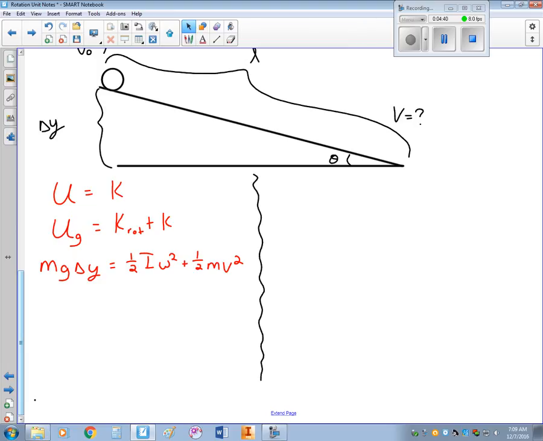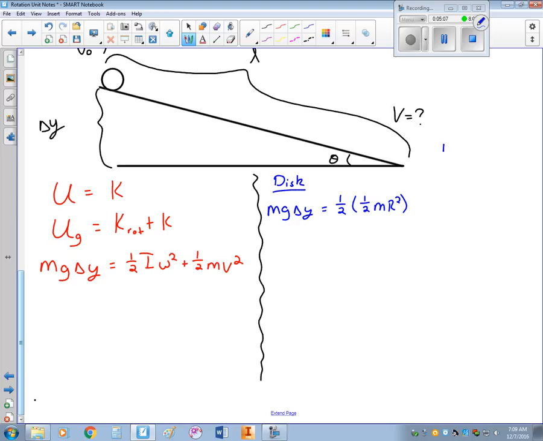Let's start off with the disk. So the moment of inertia for a disk is 1/2 mr squared, where r is the radius of the disk.